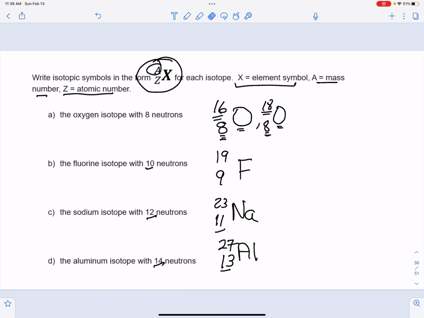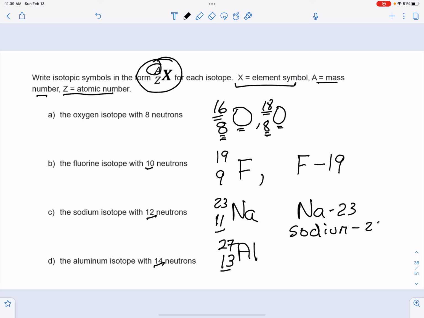Another thing you need to know, there's another way to write an isotopic symbol. Instead of writing 19 over 9 F, you can say fluorine 19. You can say sodium 23. You can put the symbol with the mass number, or the name with the mass number.